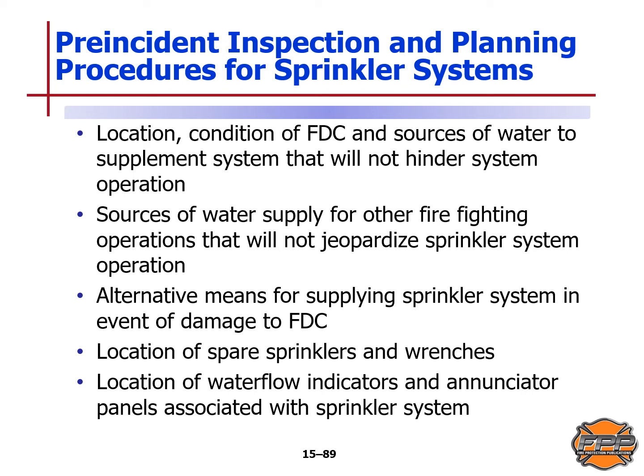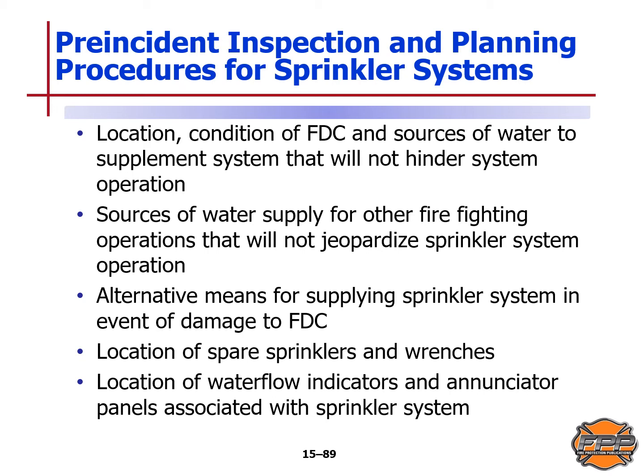With pre-incident inspection and planning procedures for sprinkler systems, the location and condition of fire department connections, and sources of water to supplement the system that will not hinder system operation, are mandatory. Sources of water supply for other firefighting operations that will not jeopardize sprinkler system operation must be well known.